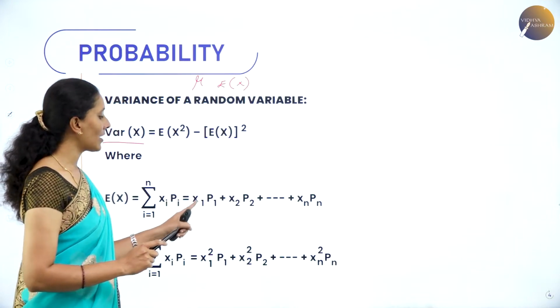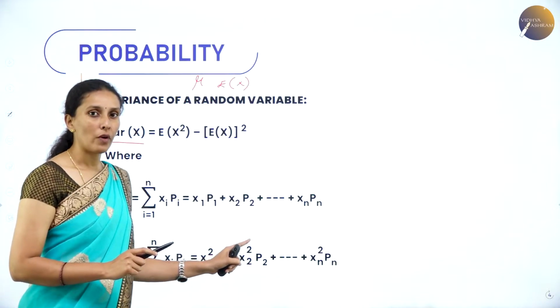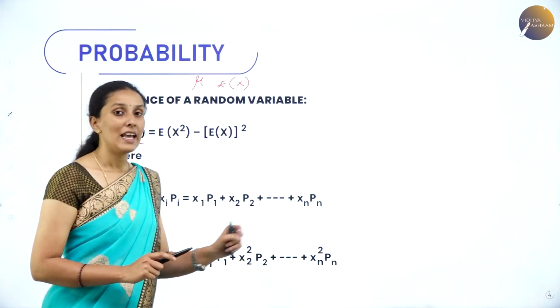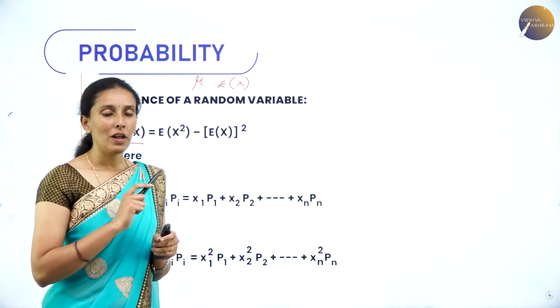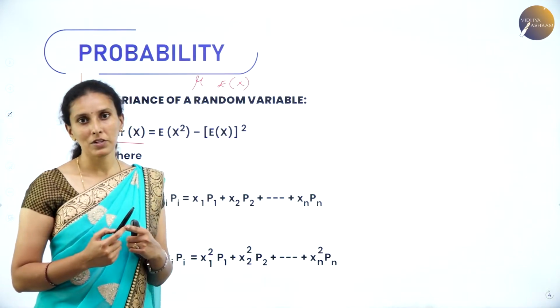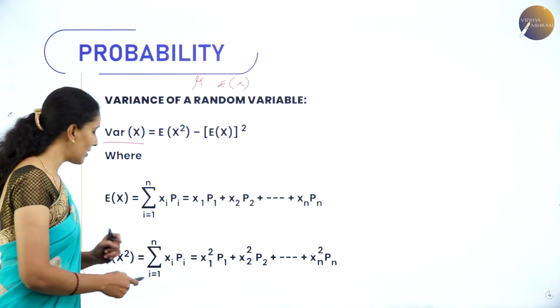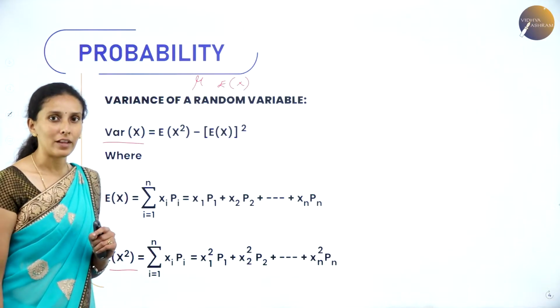So, we take x1 square p1 plus x2 square p2 and until xn square pn. We square the random variables, multiply with the respective probabilities, and finally add them. The result will be E of x square.